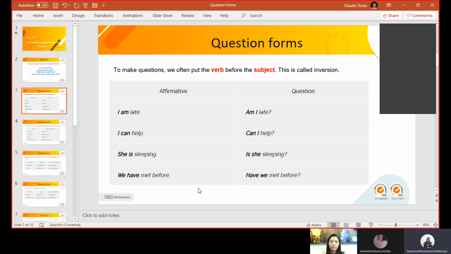That's present perfect, right? In present perfect, we use the modal verb have, have and has. So, have we met before? Here the main verb is met, but have is just an auxiliary verb.